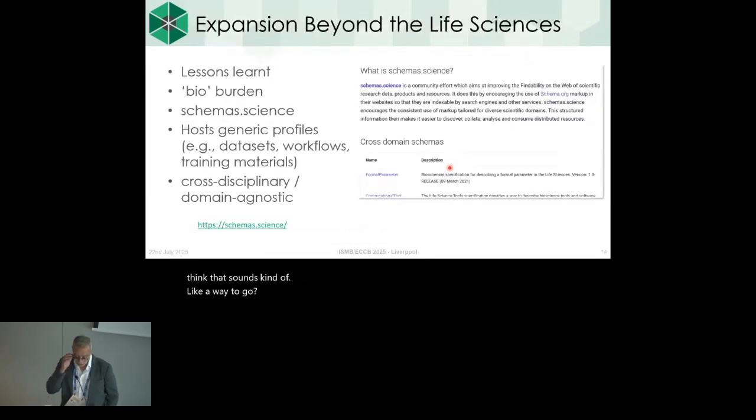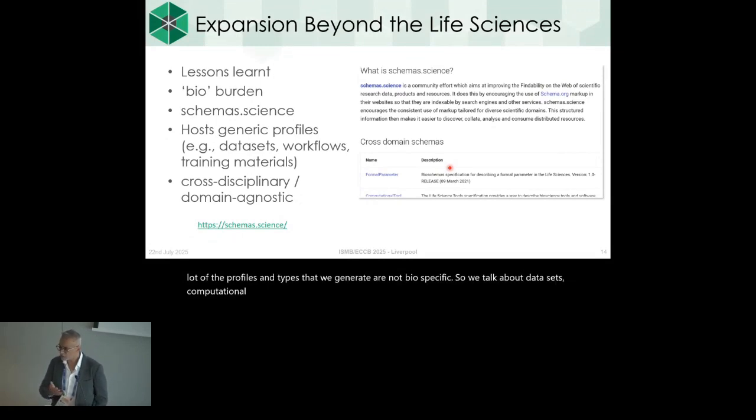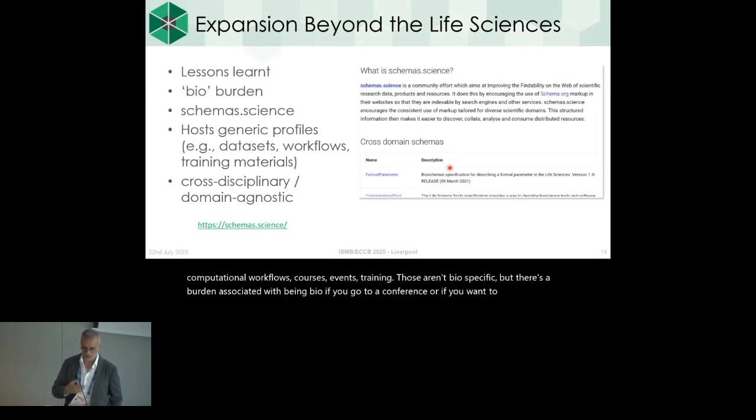So one thing we've noticed while working on Bioschemas is that a lot of the profiles and types that we generate are not bio-specific. So we talk about data sets, computational workflows, courses, events, training. Those aren't bio-specific. But there's a burden associated with being bio. If you go to a conference or if you want to be involved in a project and you say, oh, we have Bioschemas, and it's like, oh, yeah, but we're astrophysics, we have no need for you.